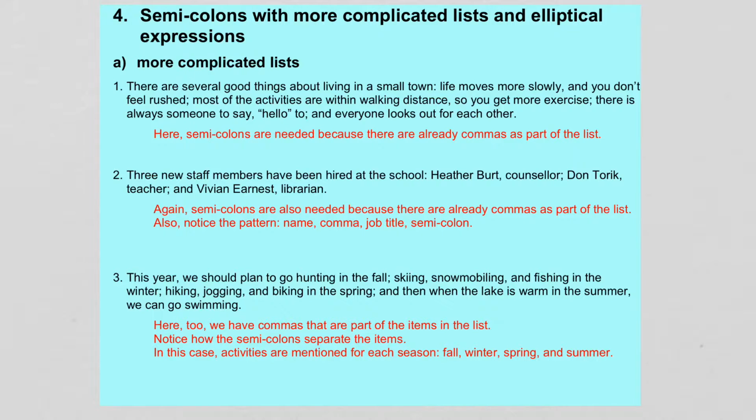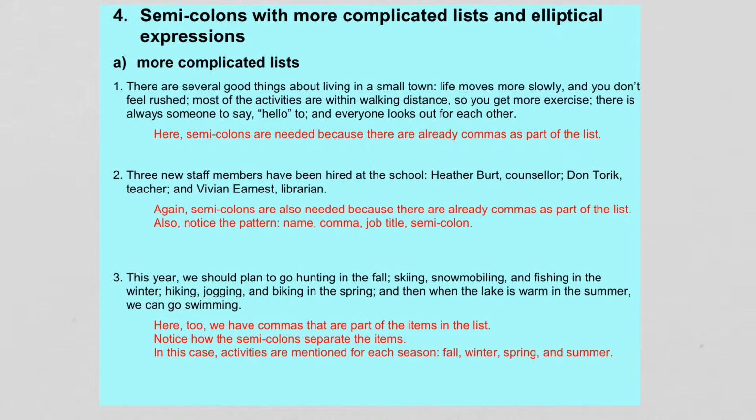Life moves more slowly and you don't feel rushed. Most of the activities are within walking distance, so you get more exercise. There is always someone to say hello to, and everyone looks out for each other. And that's all in one sentence. All right, so that's what I mean by a complicated list. I just mean that you can say a lot more by using punctuation to help you do that.